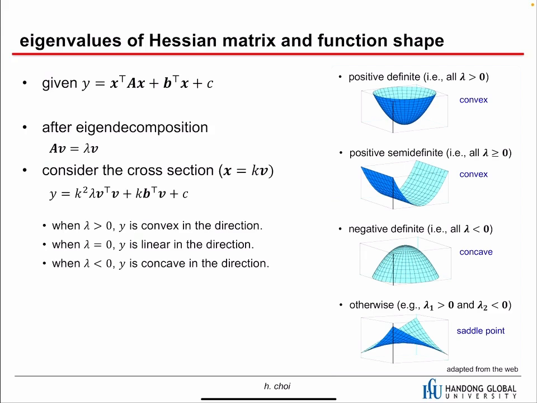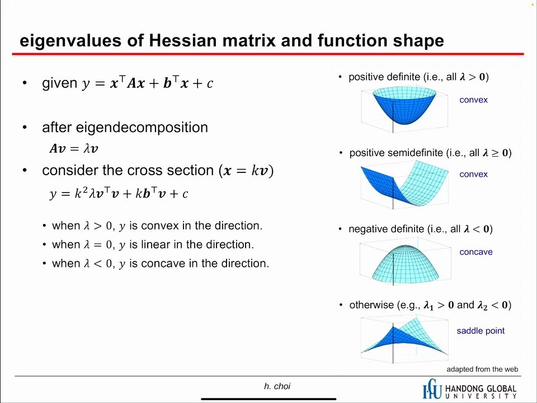In the previous slide, we said the Hessian matrix provides the shape of the function, but in high-dimensional space, it's not easy to understand or to imagine the shape of the function. So it would be helpful if we understand this in the low-dimensional space, especially in the two-dimensional space with some figures.